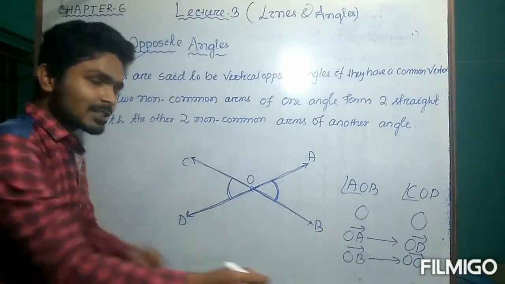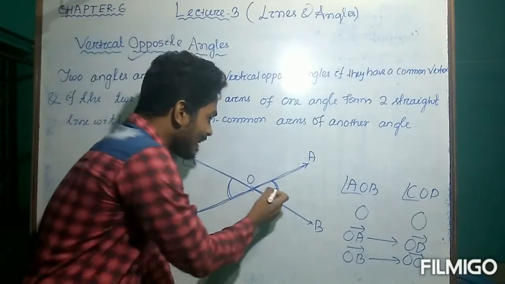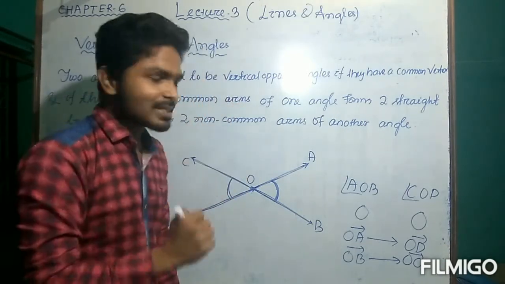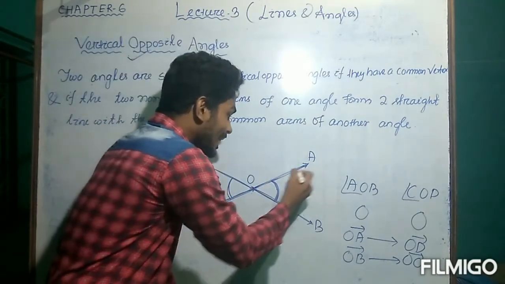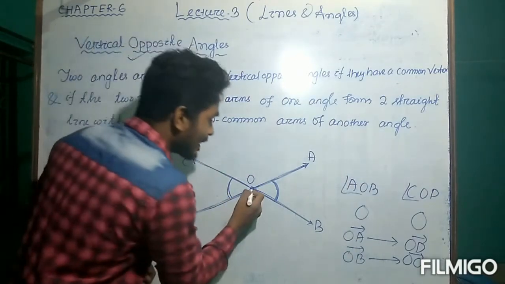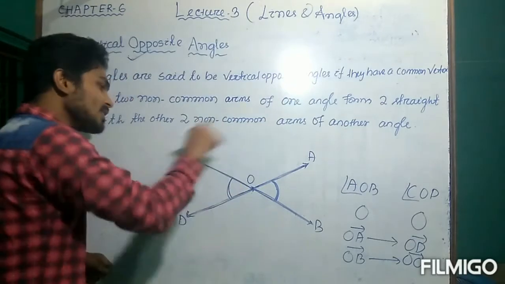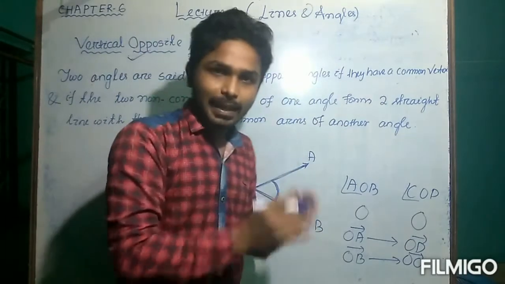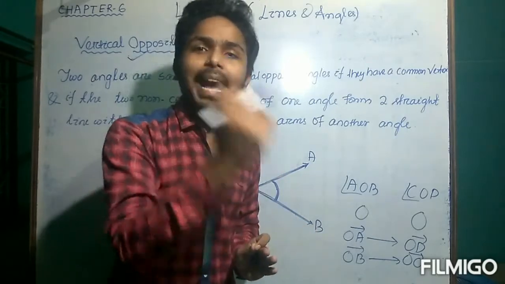Understood? Again I am telling you, the first condition is that the two angles must have a common vertex, that is O. The second condition is that the ray OA forms a straight line with OD and the ray OB forms a straight line with OC. These two conditions must be satisfied in order to be vertically opposite angles.